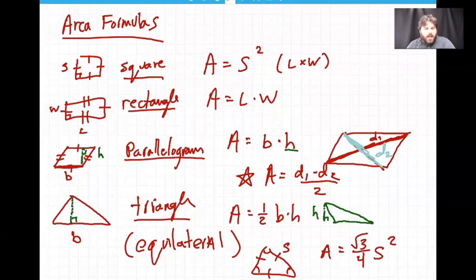So whatever the side length is, it's all the same around, right? √3/4 side squared. That is a formula that will help you if you run into it. It's going to save you a ton of time versus using trig ratios to try to find the height. And it's a lifesaver there. So just remember that one. Put a star by that one as well.